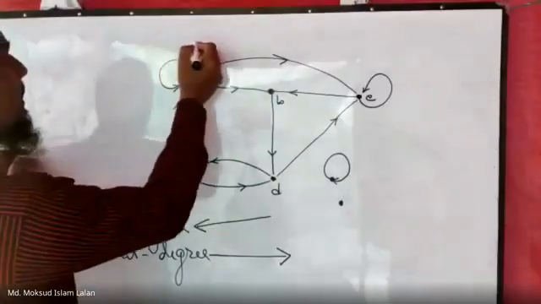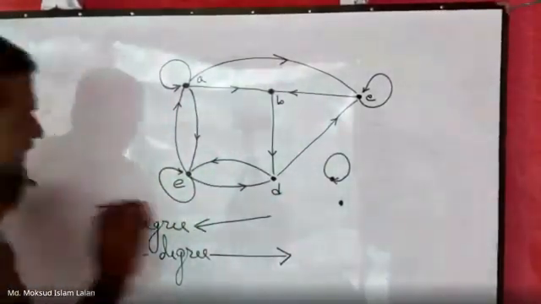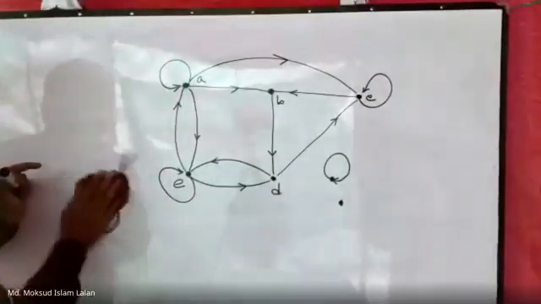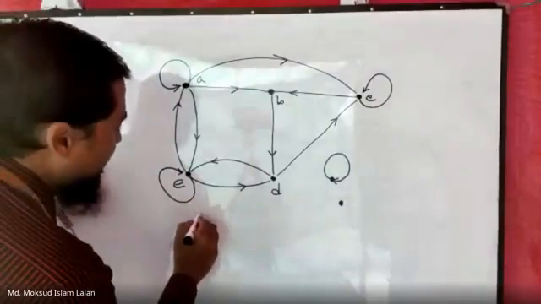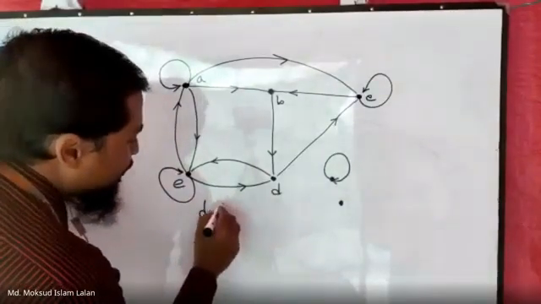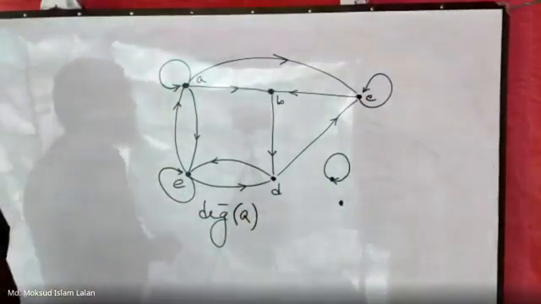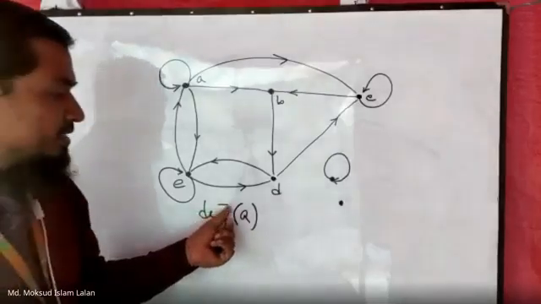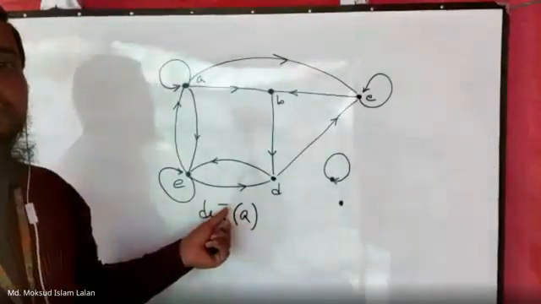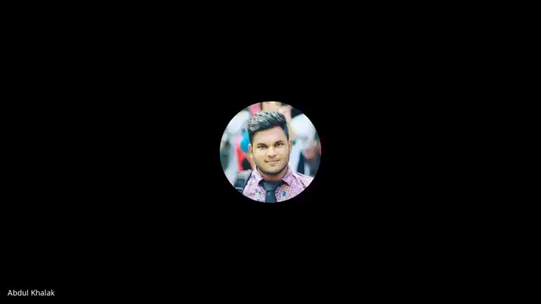Now, can you find the in degree of A? What will be the in degree of A? We are talking about this graph. Please find the in degree, hurry up. In degree is denoted by a negative sign, in degree of A, according to your book, something like this reversed.